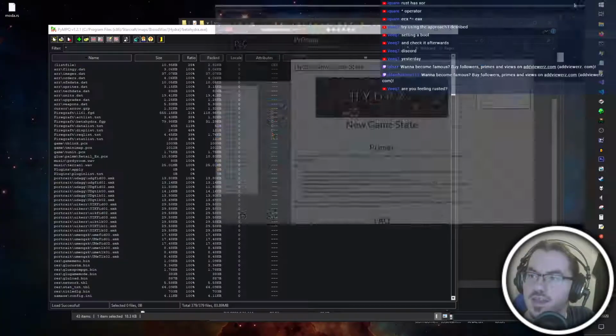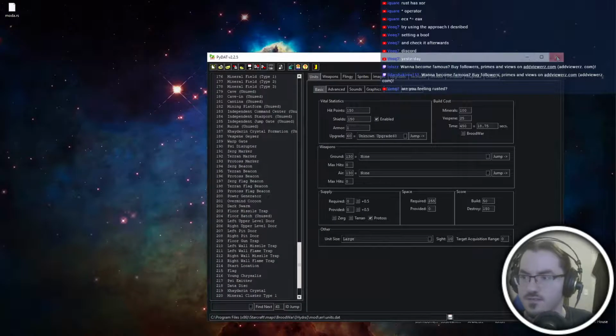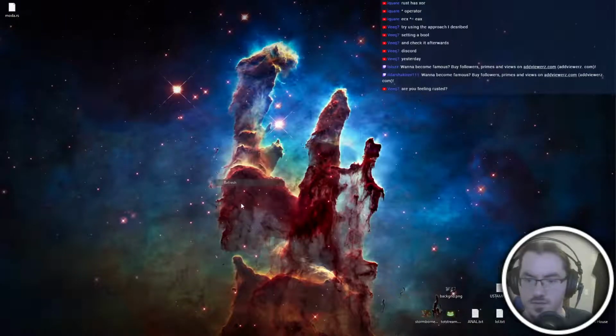So, what I would like to be able to do now, I guess I'll start with the icons, honestly. That seems like it might be a better option.